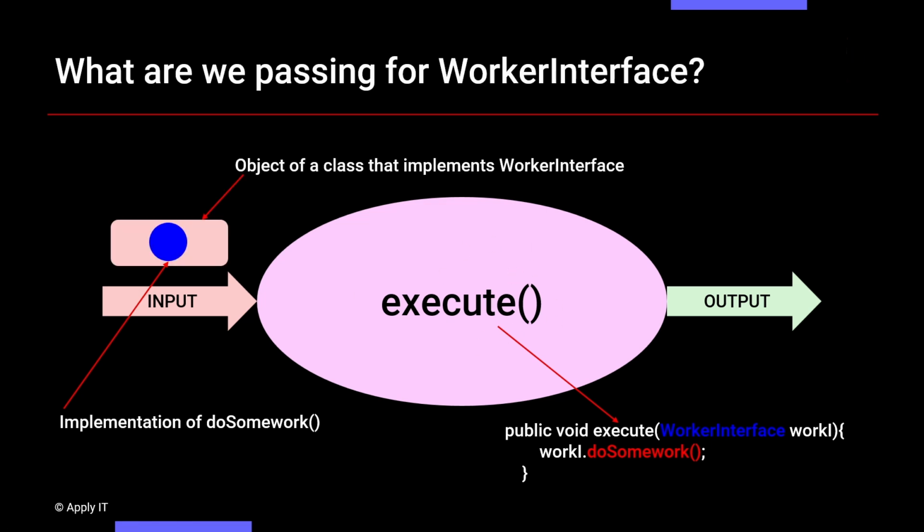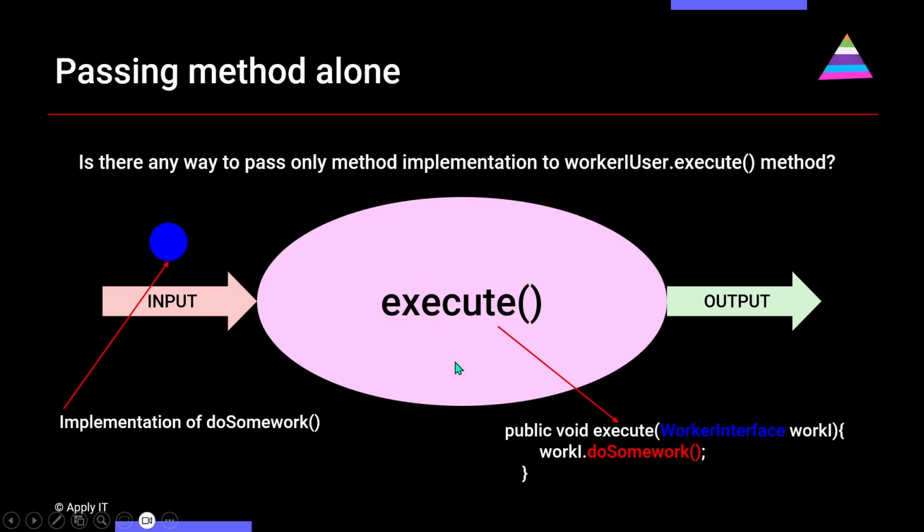If you see this diagram, we were passing the implementation of doSomeWork prior to Java 8, but we were passing it in the form of an object of some class which is implementing the interface. Now we don't want that long syntax. I just want to pass only the method body. That is what we want to achieve here.